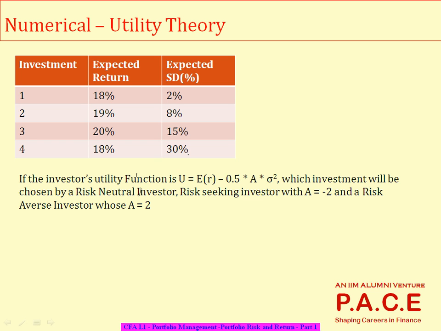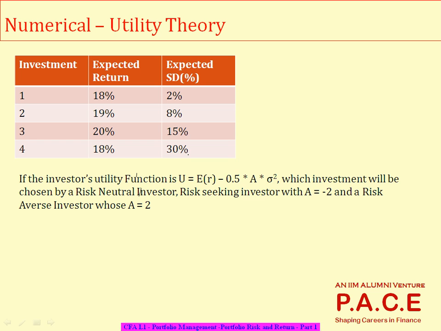Third one. For a risk neutral guy, the objective is high expected return, because in the formula, for a risk neutral investor, A will be 0. So he is looking at U equal to expected return minus 0 into 0.5 into sigma squared. It is 0.